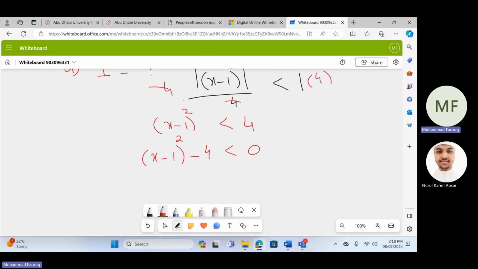You cannot apply the square root because it is an inequality, not an equal sign. Do you know how to solve a quadratic inequality? What are the methods for solving a quadratic inequality? In algebra, you already discussed this, I'm sure.